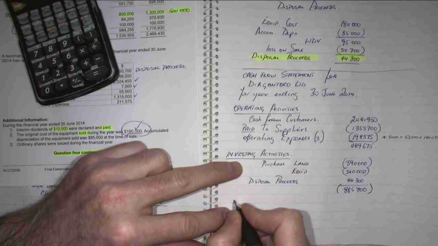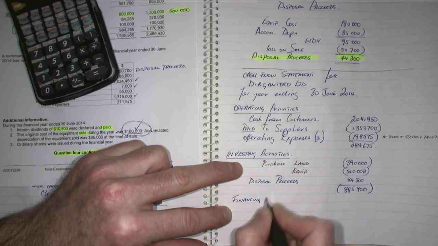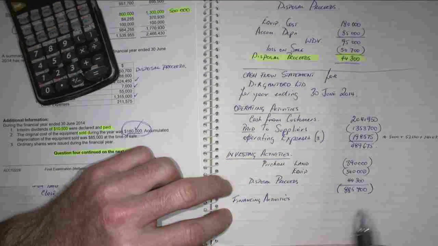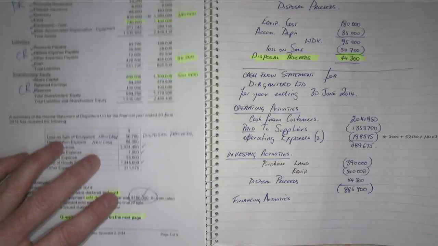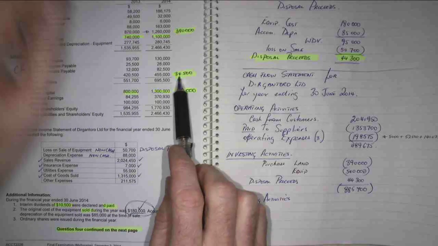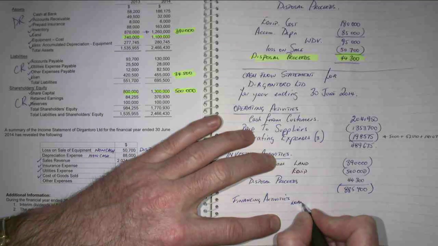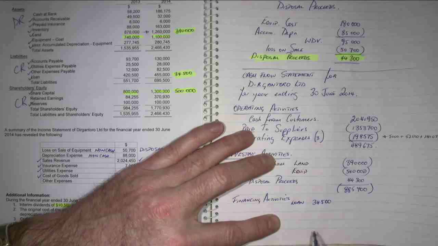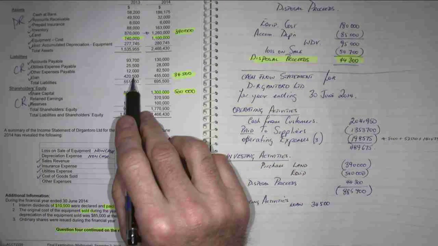And my financing activities. So my financing activities now are all the other items. So I've got a loan here, 34,500. And that was an inflow, because it's increased between here and here.